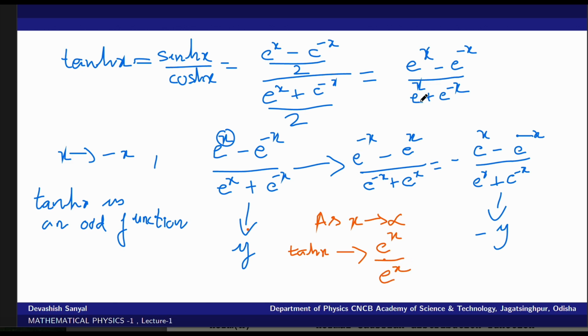Why? You can see for large x, if you check the numerator, e to the power x is much greater than e to the power minus x. That's why we will only keep e to the power x. Similarly, if you go to the denominator, it is the same logic. E to the power x is much greater than e to the power minus x. So I will only keep this term and ignore this term. Here also I am ignoring this term. So it becomes e to the power x by e to the power x, which is 1.